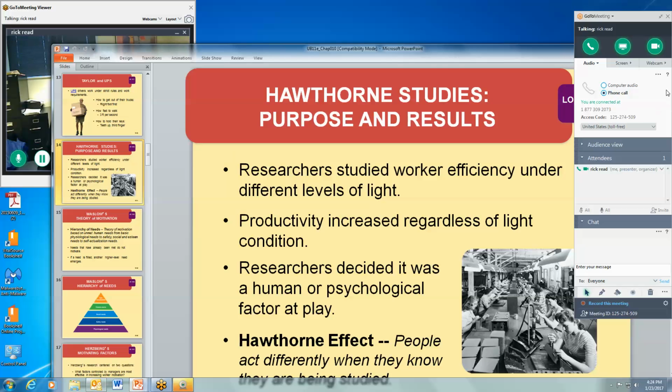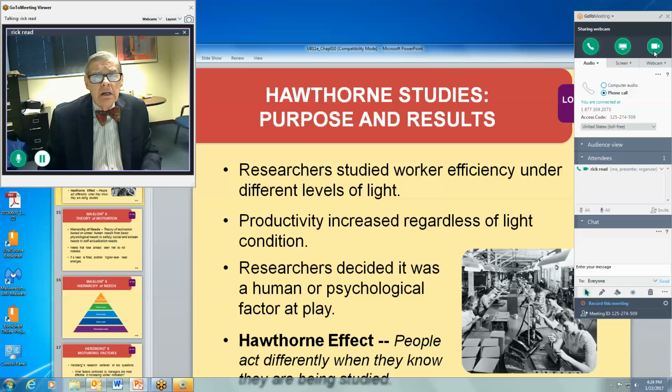In the study of management, we went from Fred Taylor's scientific management to the Hawthorne studies. Now, the Hawthorne studies were conducted, I have to stop and think, in Hawthorne, Illinois. That's why they're called the Hawthorne studies.